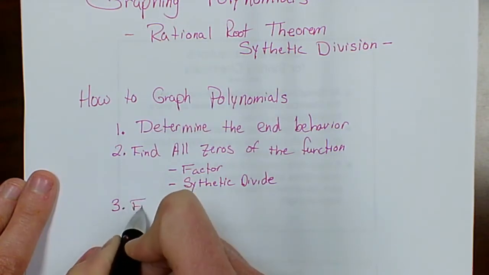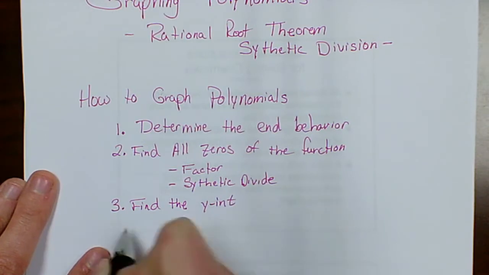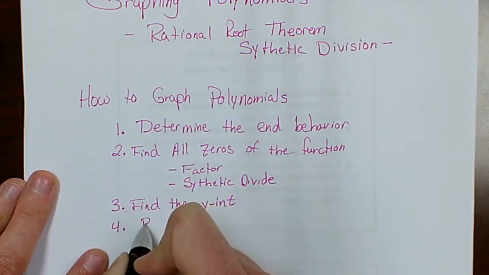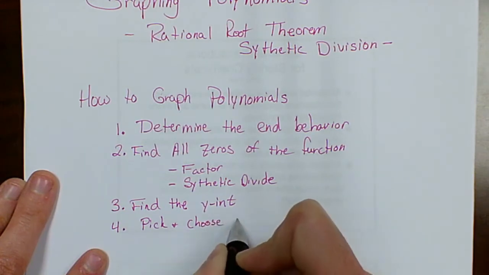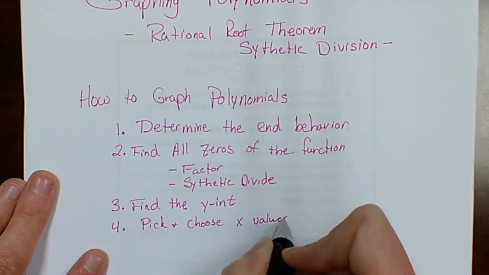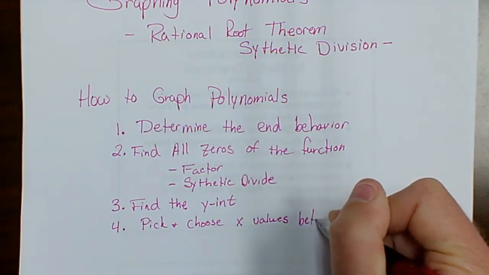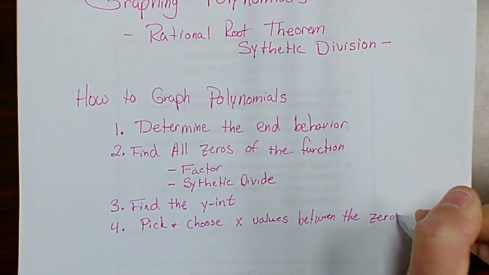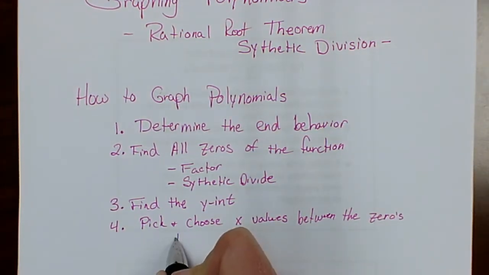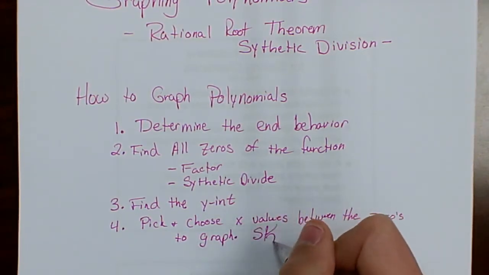Then you find the y-intercept, and then you can pick and choose x values between the zeros to graph. Or in this case, we're just going to sketch the graph.